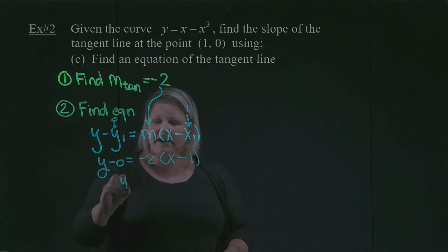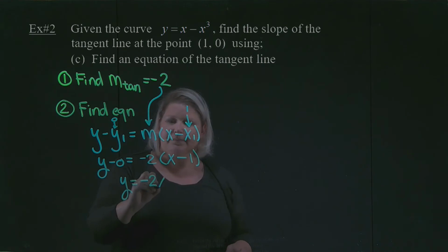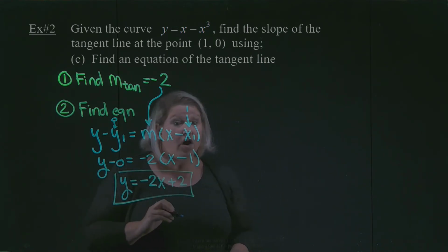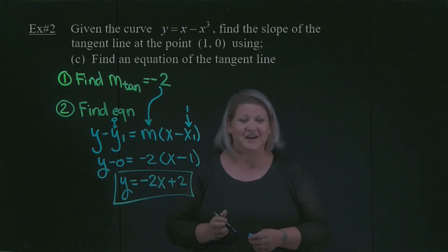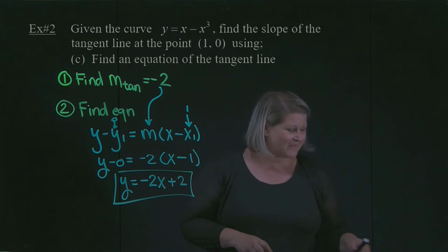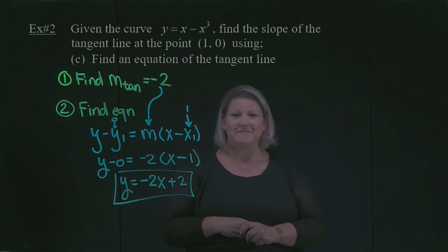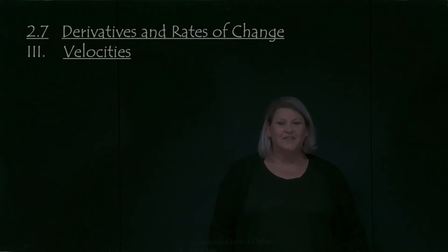This one's a quick solve. I just need to distribute the negative 2, and I'm done. All right, good. This right here, this is the equation of the tangent line. And we use both definitions to find the slope of the tangent. Pretty cool, huh? Now we're on to the third section of 2.7.